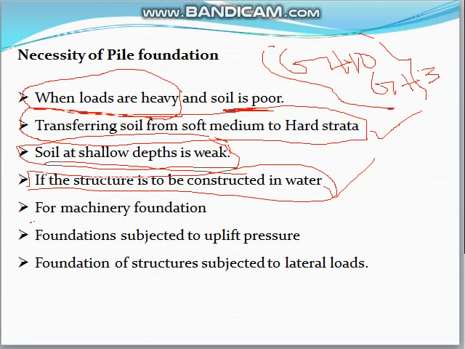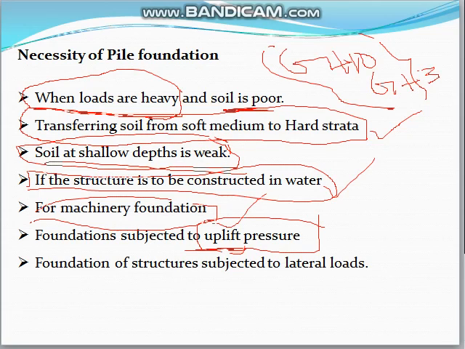Next, another one is machinery foundation. Also, pile foundation is necessary there. Then foundations subjected to uplift pressure. Generally in dams, uplift pressure is an upward vertical pressure created due to water pressure at the bottom of the dam in porous material.